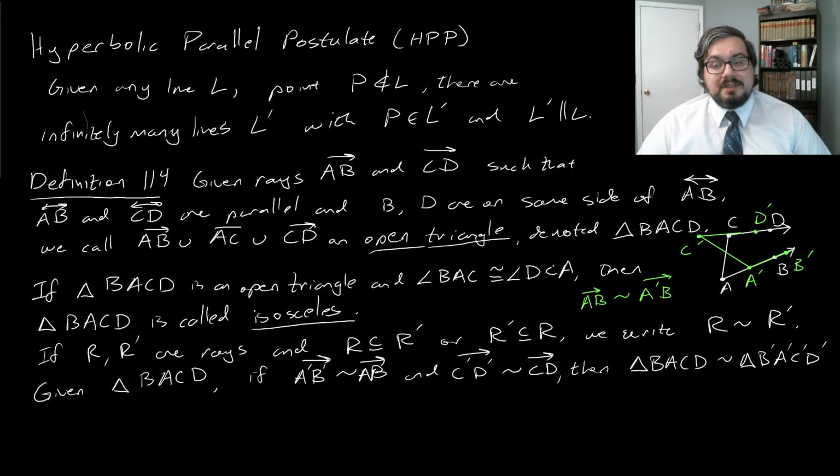They don't include all the same points, but they are similar in that their two ray sides point in the same direction, and equivalent open triangles wind up sharing many properties.